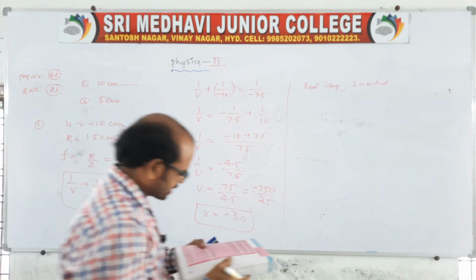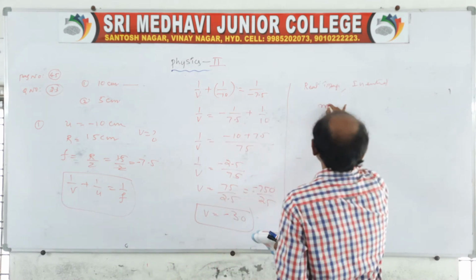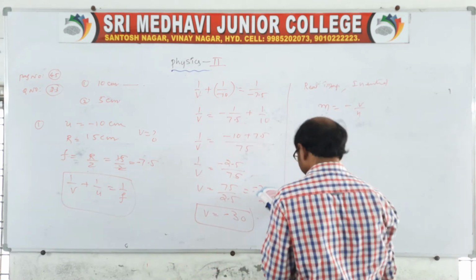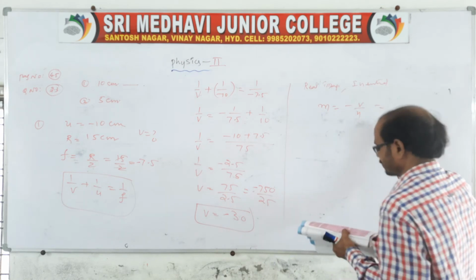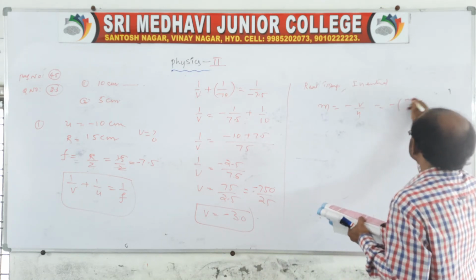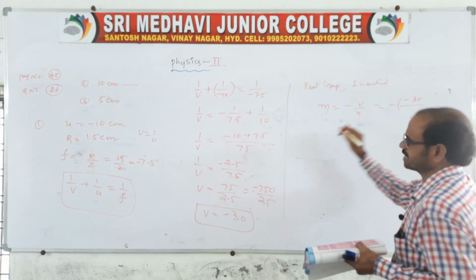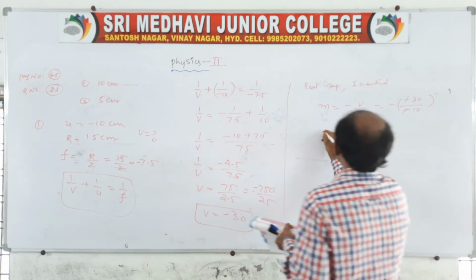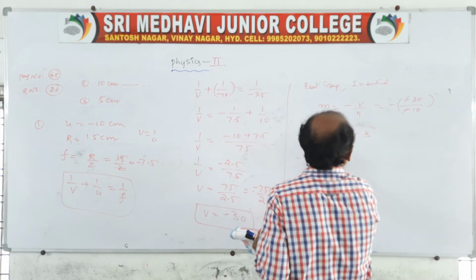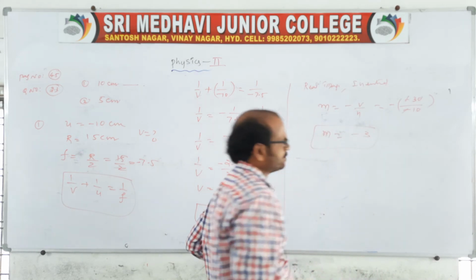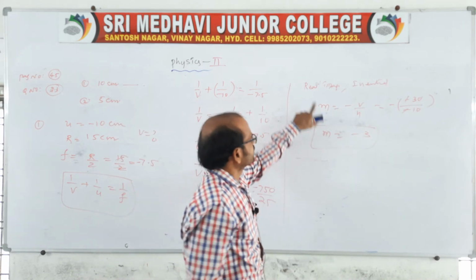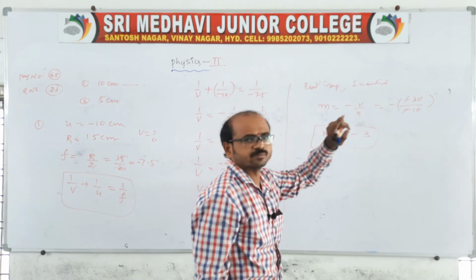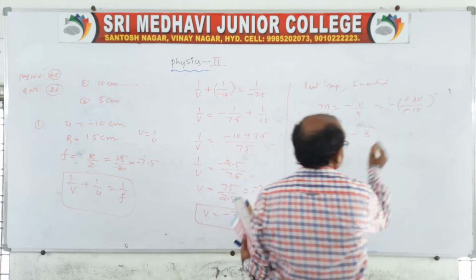Now the magnification: m is equal to minus v by u. Here v is minus 30 and u is minus 10, so m is minus of minus 30 by minus 10, which gives a magnification of minus 3. Using the magnification too, the image is real, inverted and on the same side.